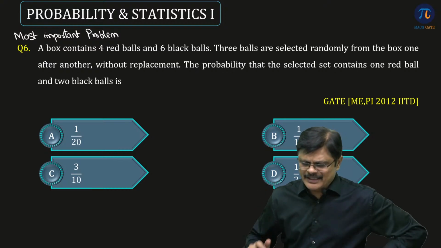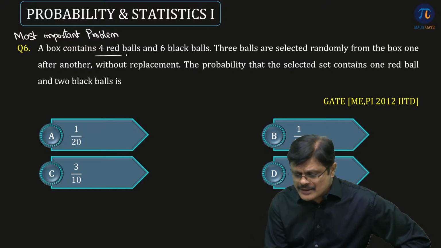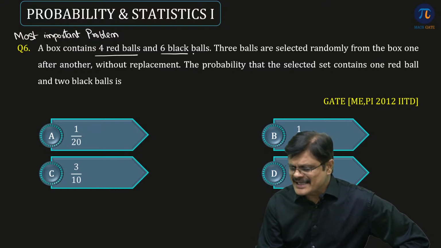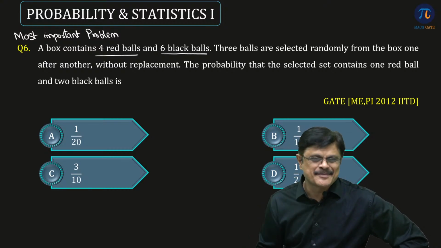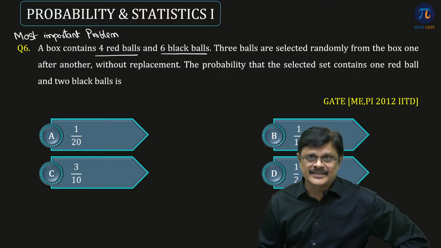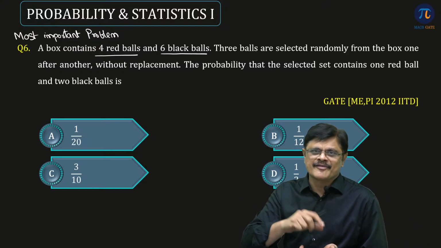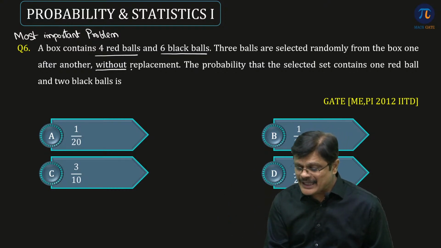Clear? Look at this. A box contains 4 red balls and 6 black balls. So in the box we have 4 red balls and 6 black balls. Very good. 3 balls are selected randomly from the box, one after another, without replacement.